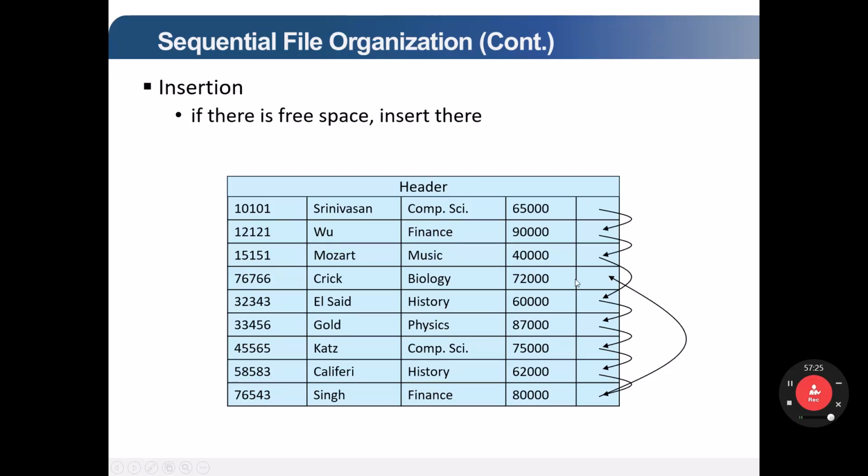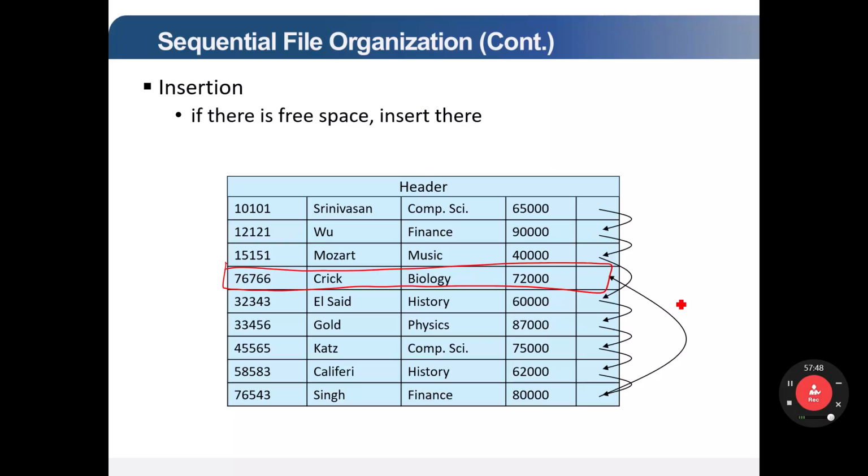Another benefit of managing this pointer is that the actual physical location of these records doesn't have to follow the sorted order. Since we have these pointers, when a new record is inserted, the free space can be used for the new incoming record.